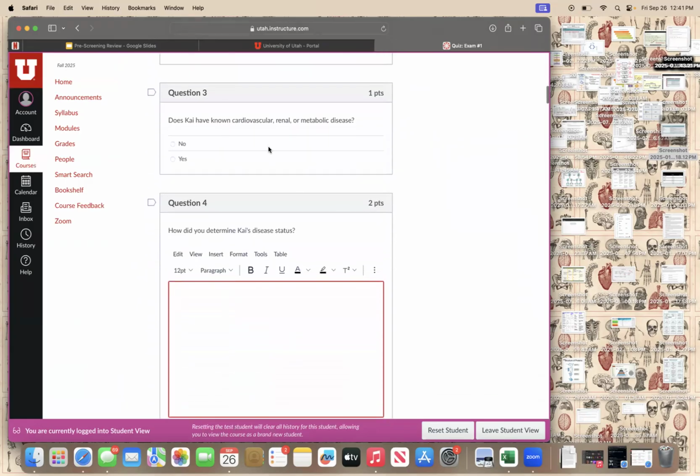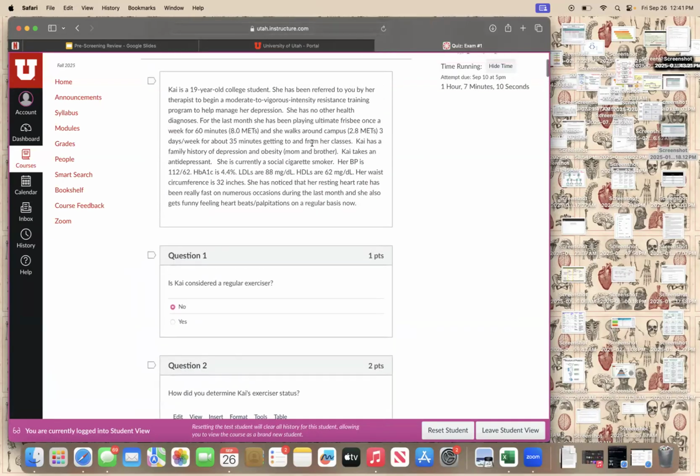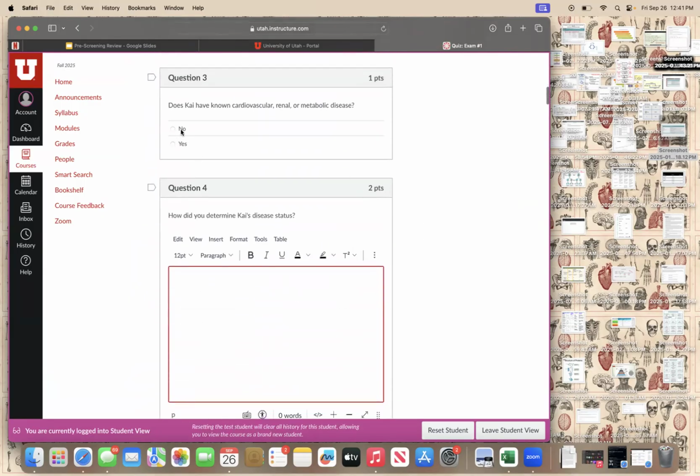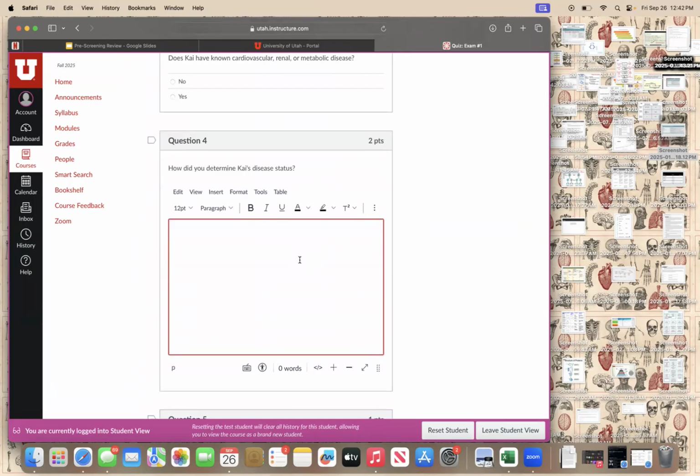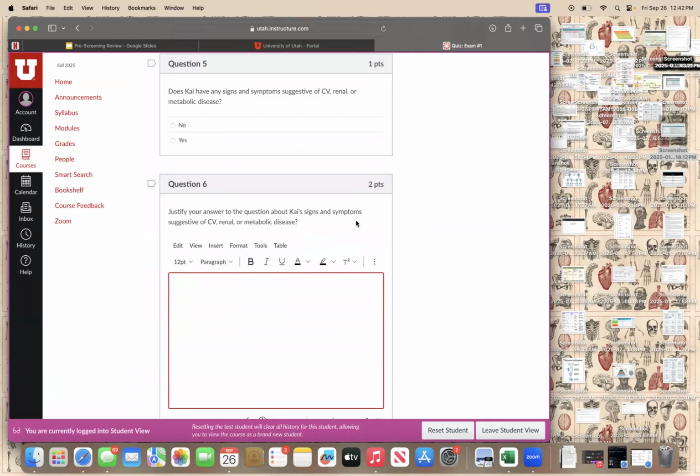And then does Kai have known cardiovascular, renal, or metabolic disease? So we can go up to her description here and see, and it doesn't look like she listed anything. So we'd probably say no here, specifically because no disease is mentioned. And then does Kai have any signs or symptoms suggestive of these diseases?